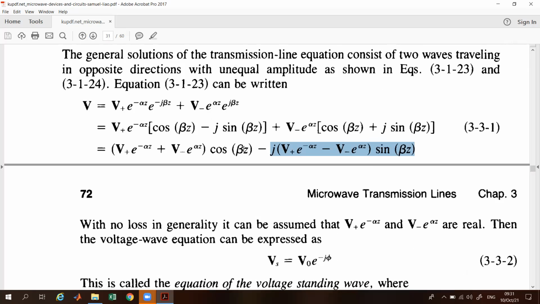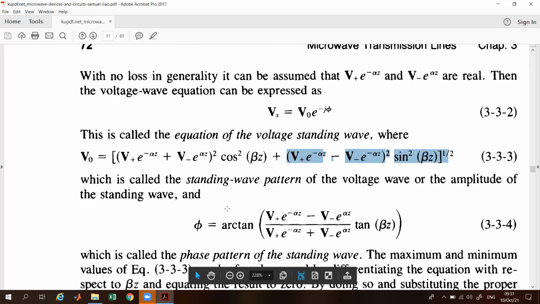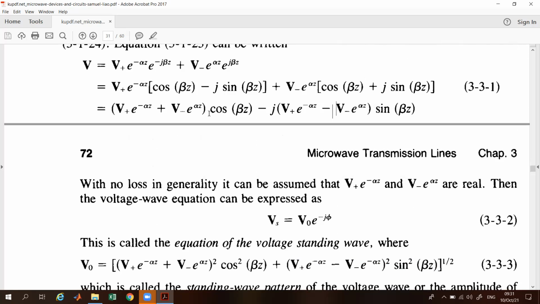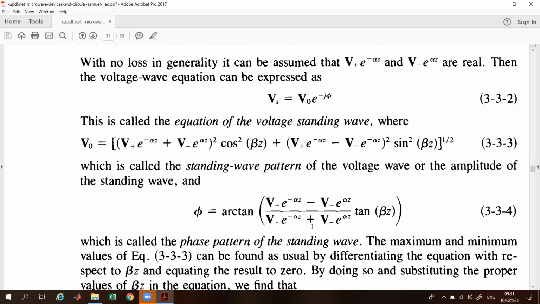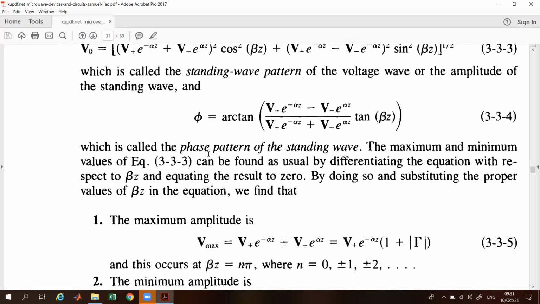In a similar way, the square of this part plus the square of this part, and the root of it, is called the standing wave pattern of the voltage wave, or the amplitude of the standing wave. And if you need to find the phase, then this will be divided by this, which is called the phase pattern of the standing wave.